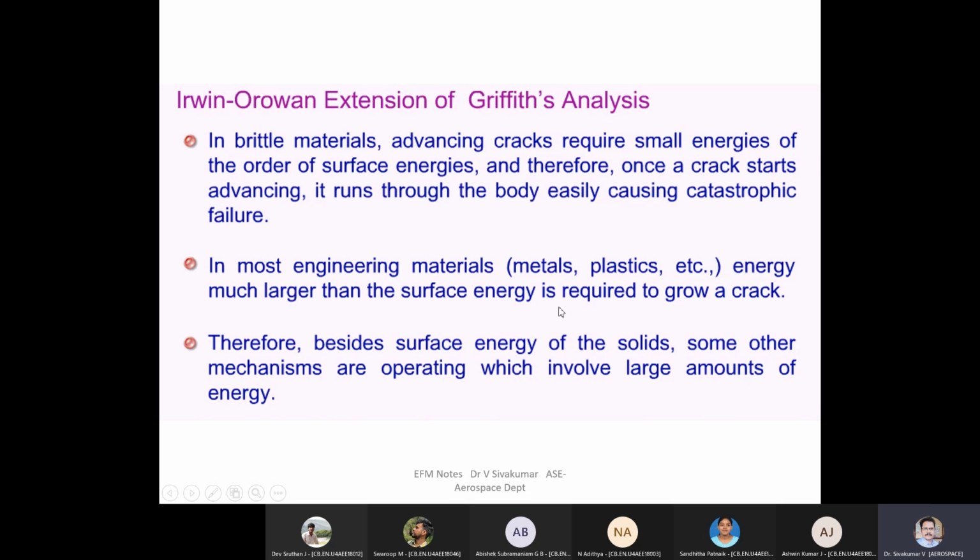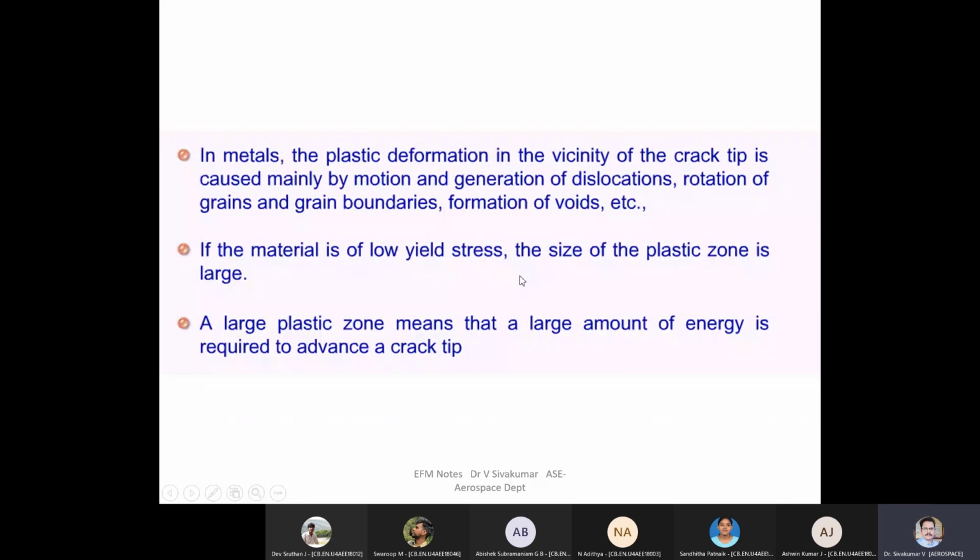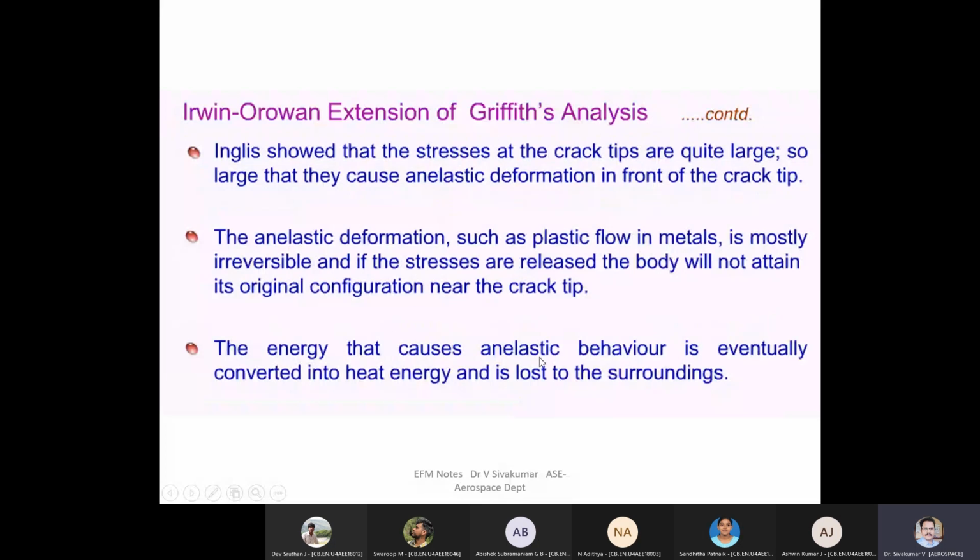Then only the crack will grow. The energy that causes inelastic behavior is eventually converted into heat energy and is lost to the surroundings. So the extra energy is becoming another form.